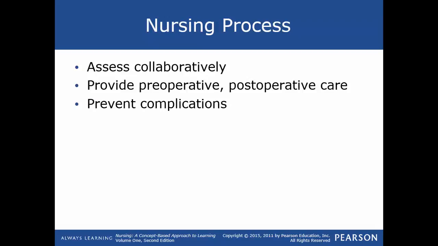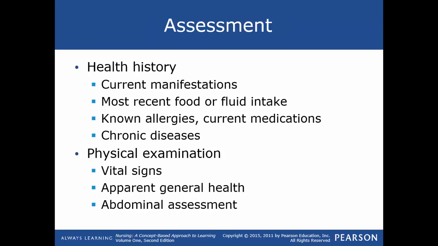Nursing process. Some of your nursing management is going to include collaborative assessment, including the surgeon providing pre- and post-operative care, preventing complications. On your assessment, looking at their health history, you want to get current manifestations of their symptoms, including the onset, duration, progression, any aggravating or relieving factors, the most recent food or fluid intake.